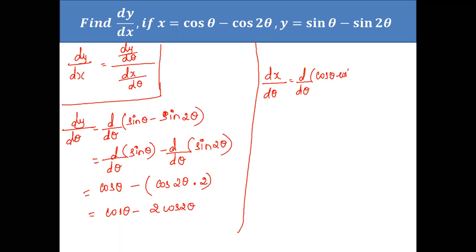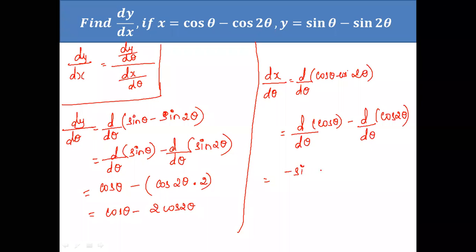Again, the derivative of the difference is the difference of the derivatives, so d/d theta of cos theta minus d/d theta of cos 2 theta. First, what is the derivative of cos theta? It is minus sin theta. Minus, what is the derivative of cos 2 theta?